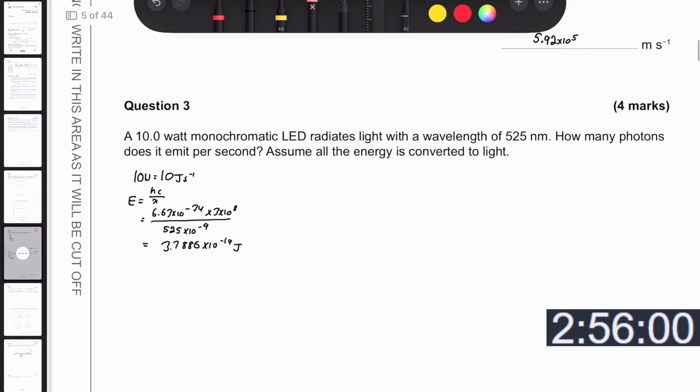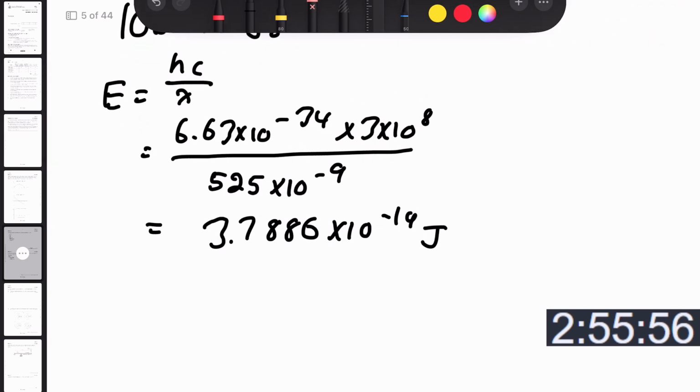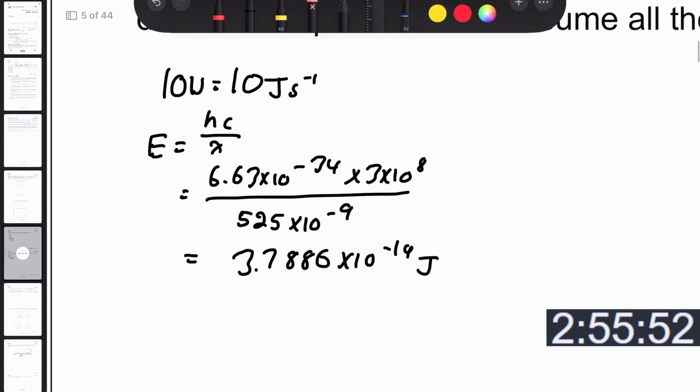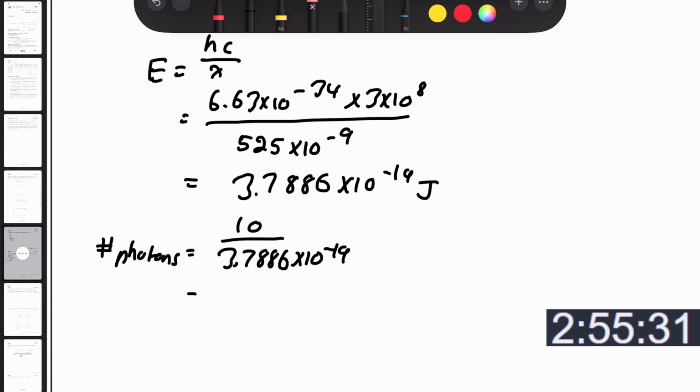So then how many photons does it emit per second? To get per second, I need to divide 10 by the energy of one photon. Number of photons is equal to 10 over 3.7886 times 10 to the negative 19.